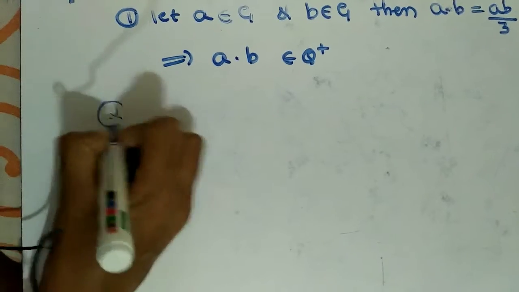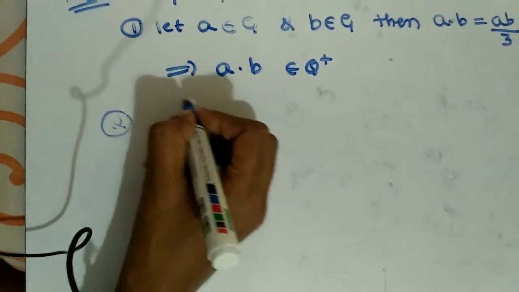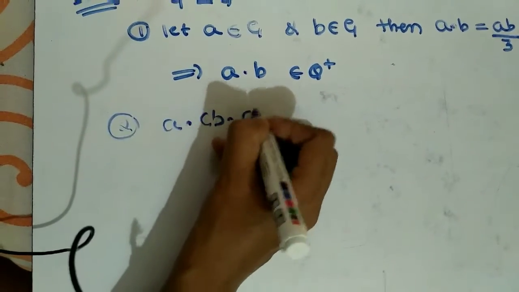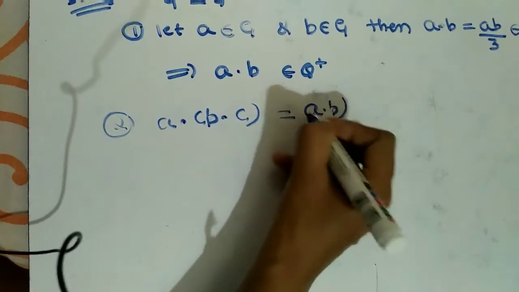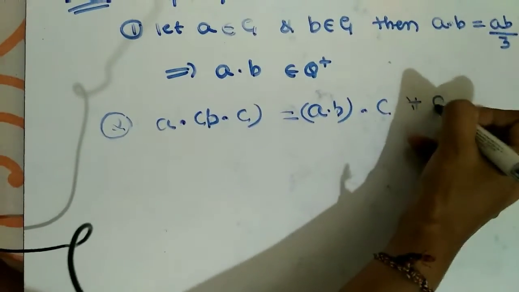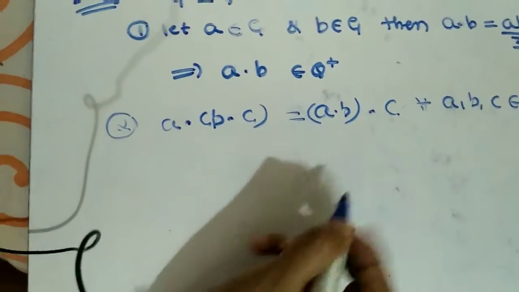So next one is the associative law. For checking the associative law, we have to take 3 elements, that is a, b, c. So here a composition b, and composition of c, for all a, b, c belonging to Q plus.